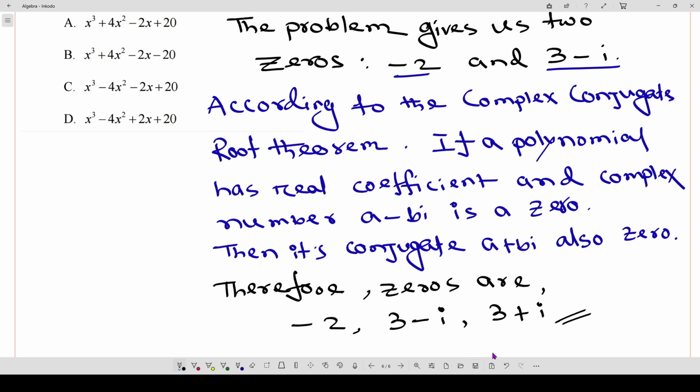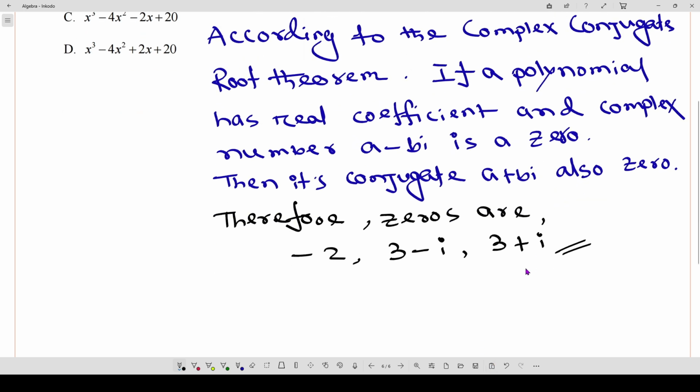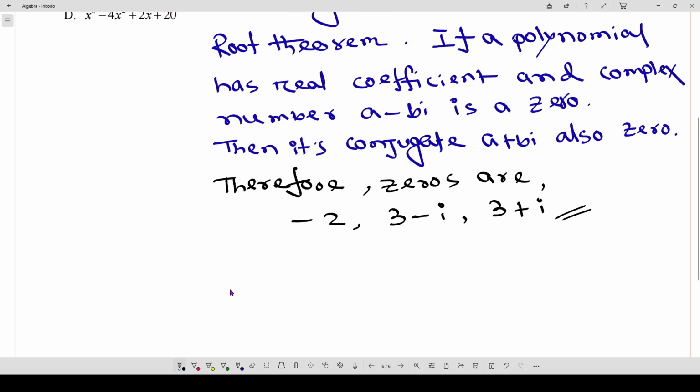Okay, that was a little bit of theory, but now we will go to the practical matter.